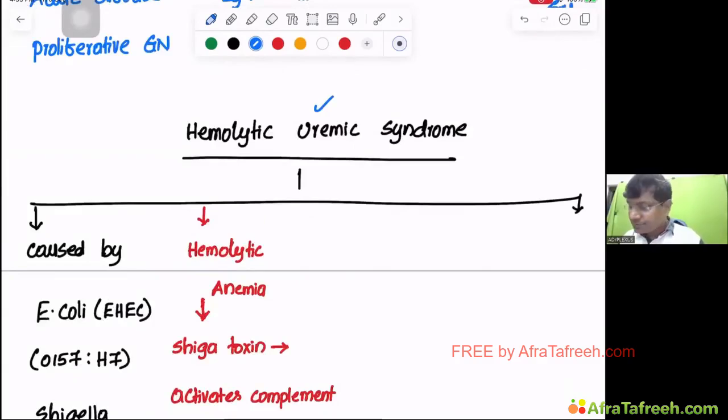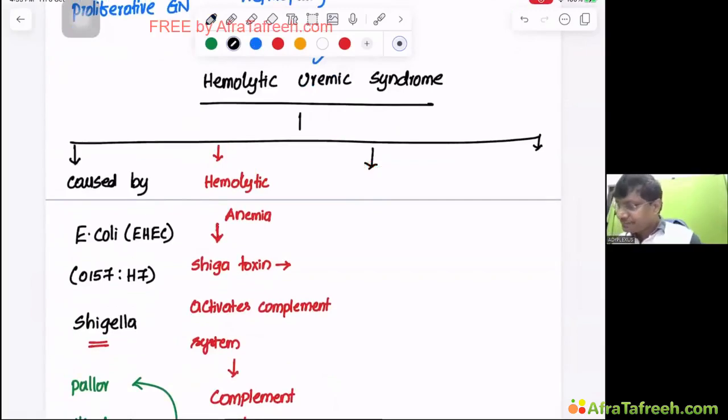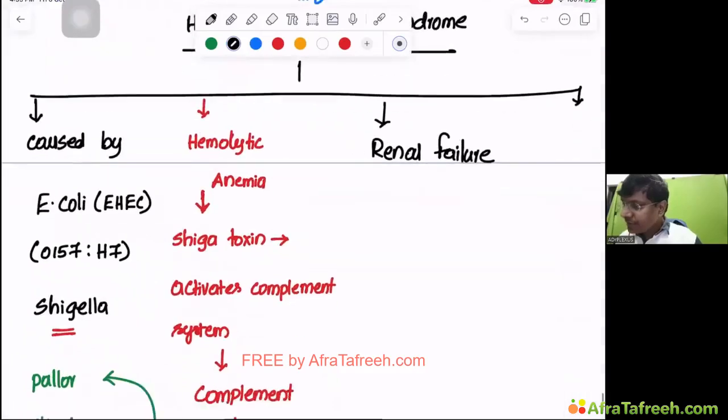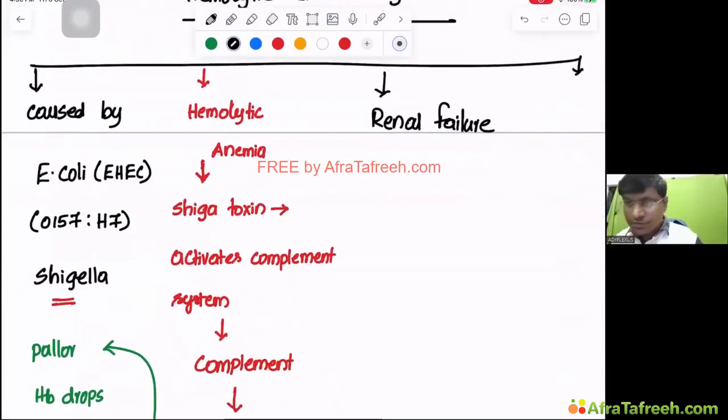Why is there renal failure in these patients? So in patients with the hemolytic uremic syndrome, remember, there is renal failure. Why is there renal failure? So this is again Shiga toxin. What will this Shiga toxin do? Shiga toxin will activate the complement system.